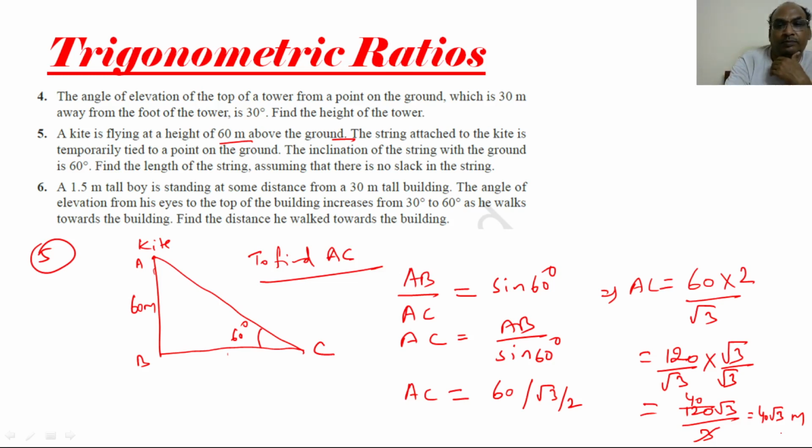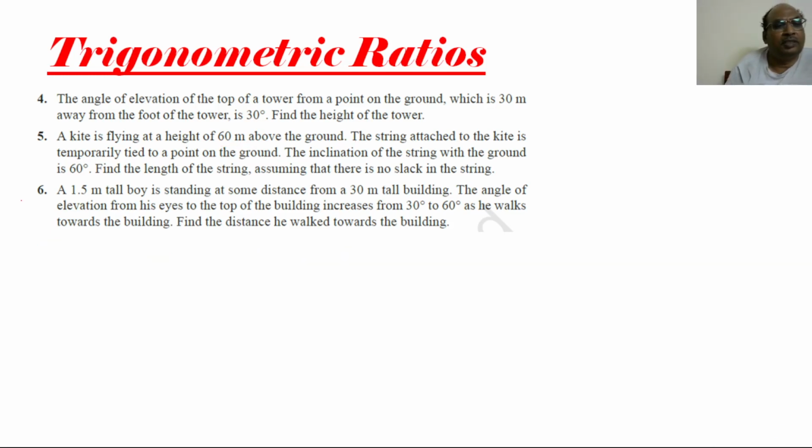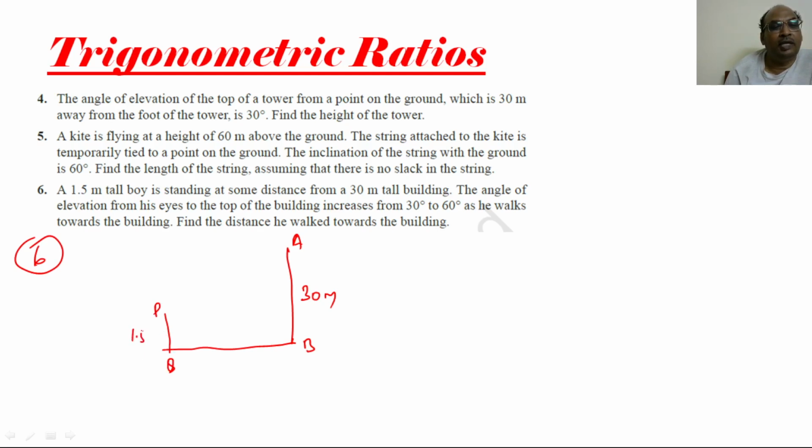This is question number 5. Let us solve question number 6. A 1.5 meter tall boy is standing at some distance from a 30 meter tall building. Now it is shown that a 30 meter tall building AB, and the boy which is standing on the ground, suppose we take it as PQ, and his height is 1.5 meter.